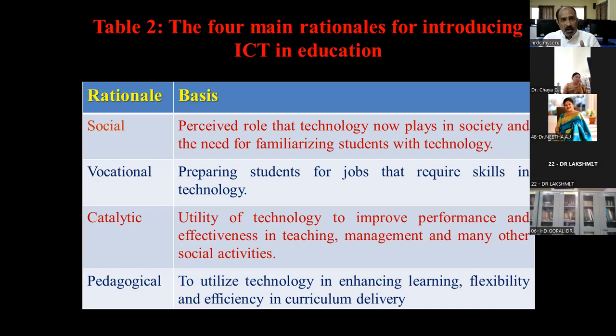Or they had to use a chart and then explain. But today we have very sophisticated technology where we can do animations, right? And we can prepare any kind of visualization, and we can make the content much more attractive and much more effective, so that we can draw the attention of the students and keep them engaged in the teaching. And that's what the catalytic rationale means for ICT in education.